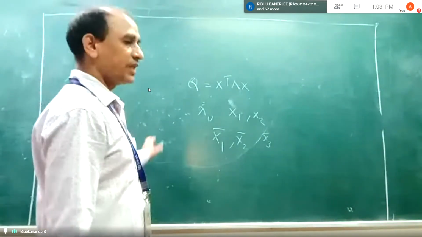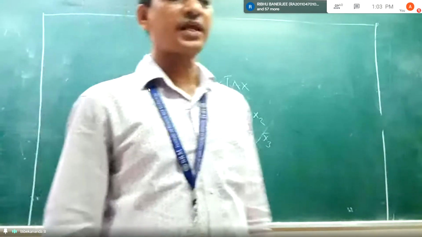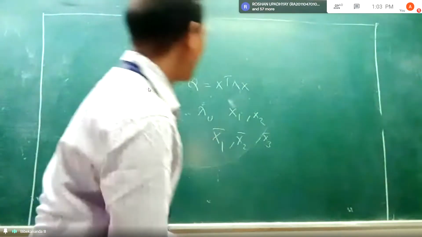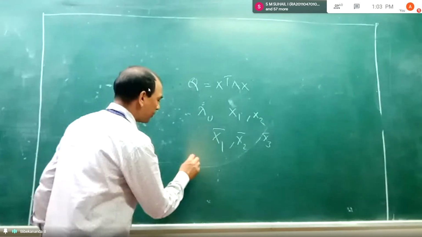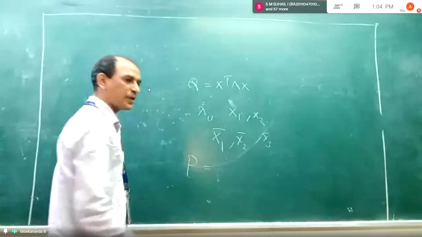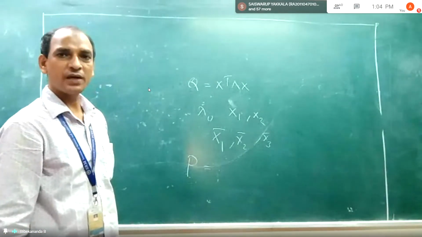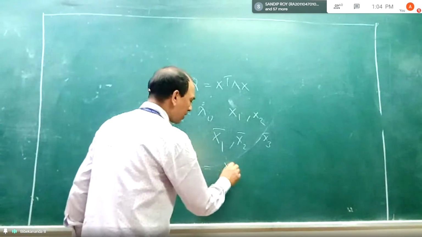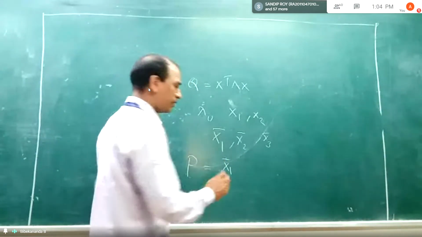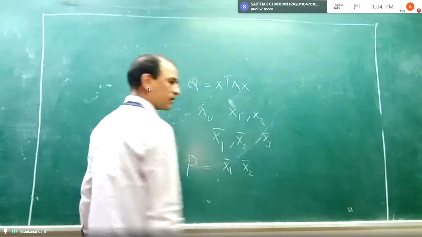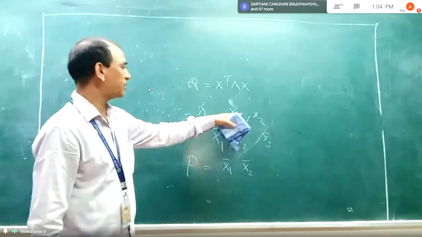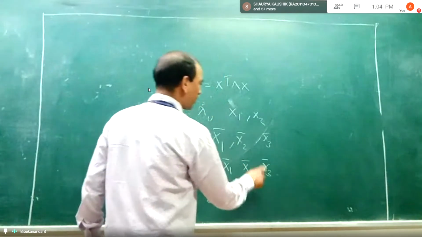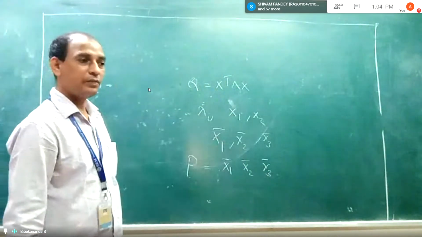Okay. So then, what will you do in the fourth step? Step 4: you have to construct a normalized matrix P such that the normalized vector of x1 will be the first column, the normalized vector of x2 will be the second column, and x3 bar, the normalized vector of x3, will be the third column.